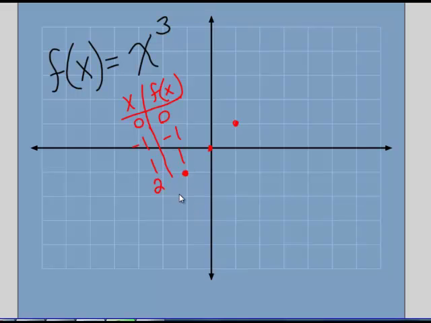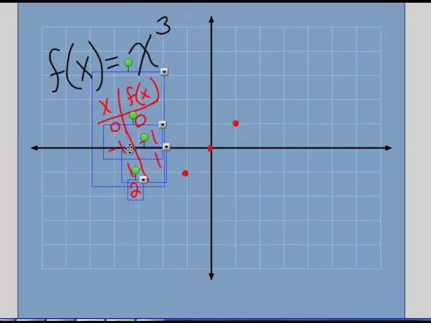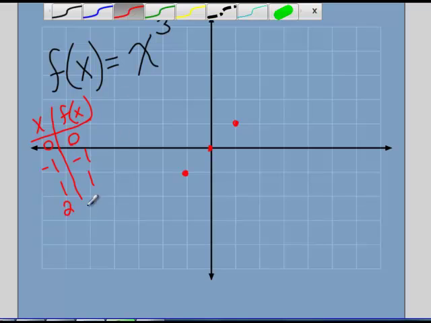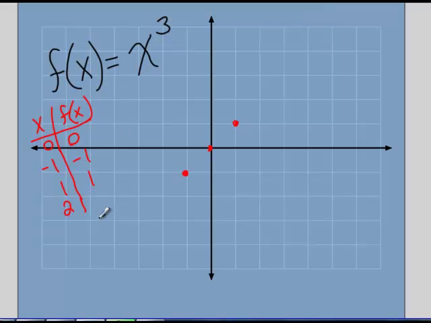Let me move this a bit. So when my x is 2, if I plug that in, I would get 2 times 2 times 2, which is 8. And when it's negative 2, I get negative 8. So let's look at this. When it's 2, I get 1, 2, 3, 4, 5, 6, 7, 8, somewhere way high. So estimate a point right there.